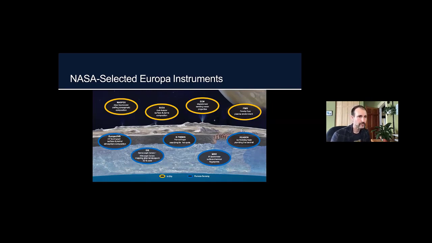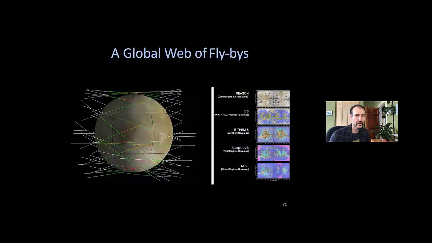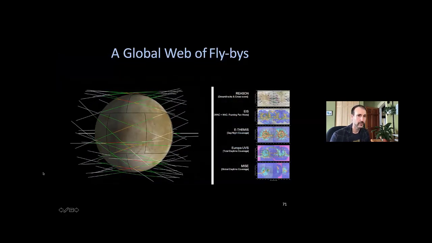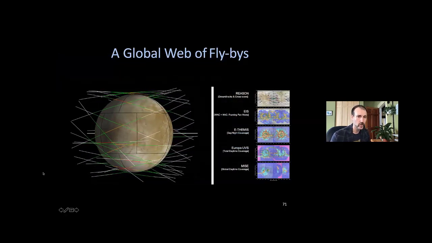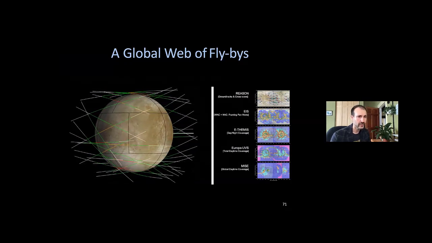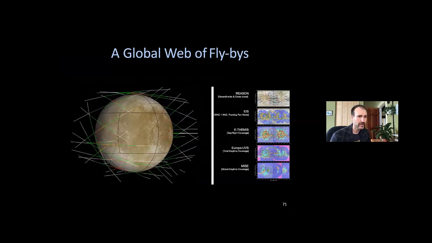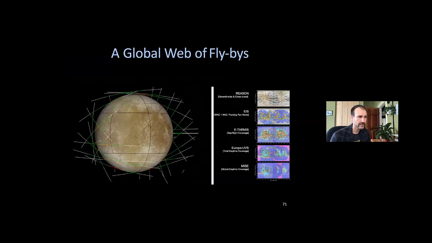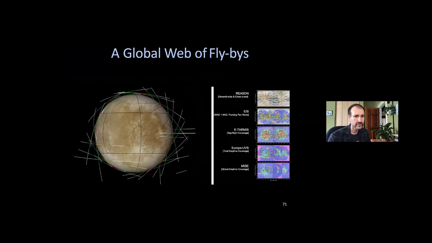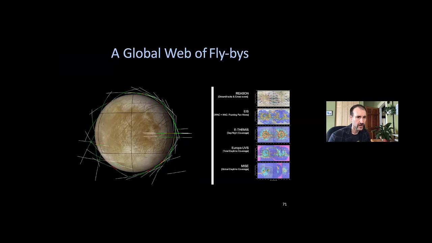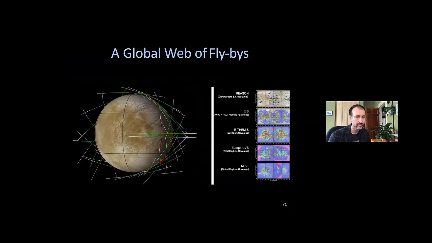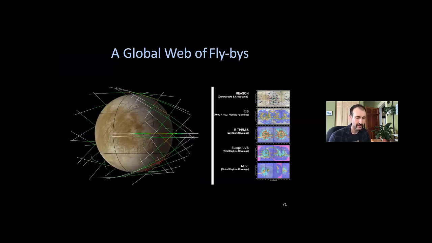The way that Europa Clipper will conduct the investigation will not be by orbiting Europa, but rather by orbiting Jupiter and flying by Europa many times, more than 40 times. Here is depicted a global web of flybys. Each of these lines is a flyby of Europa, and the colors indicate the approach to Europa, with the closest approach for some of these in red being as close as 25 kilometers.